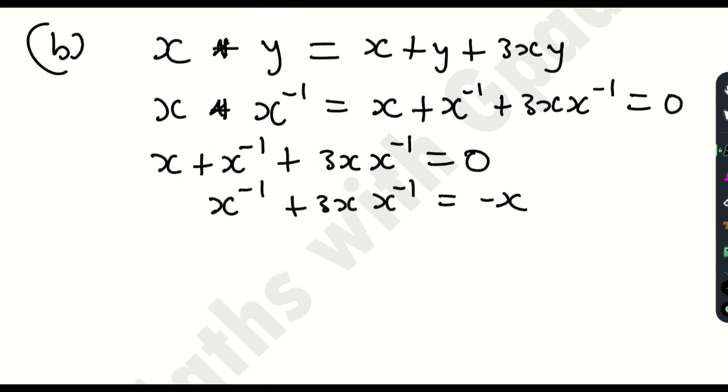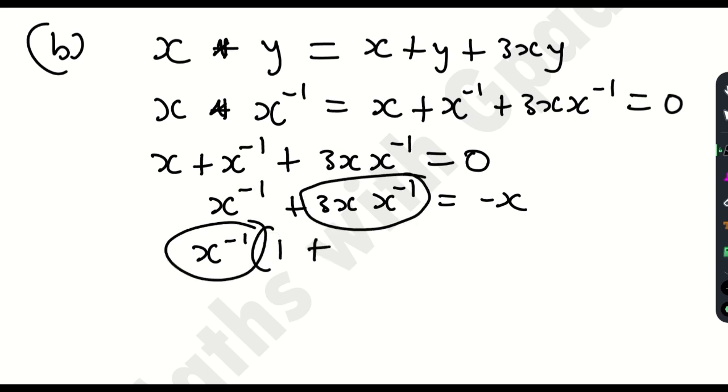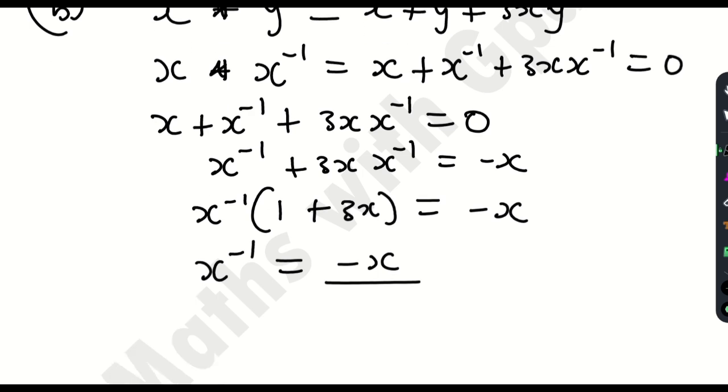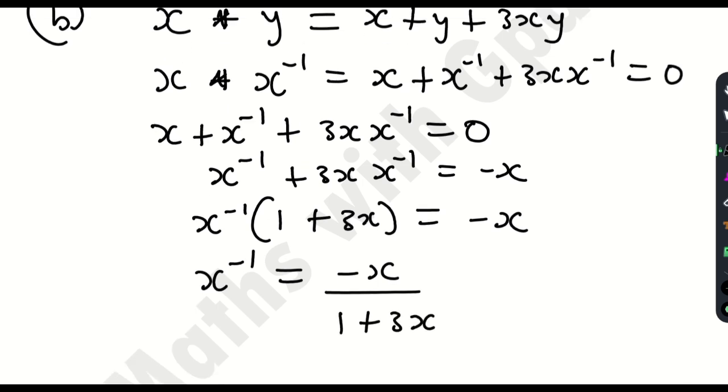Let us factorize. x inverse is common, so I am going to factor it out, and I will have 1, plus 3x, and all of this is equal to negative x. If you divide both sides by 1 plus 3x, our inverse element will be equal to negative x over 1 plus 3x. So you can see that this is the inverse of the element.